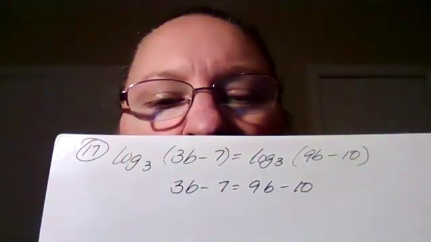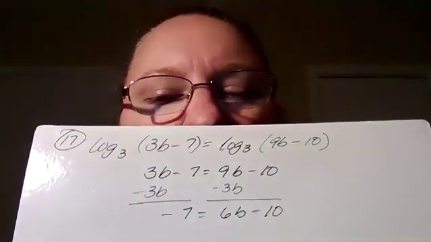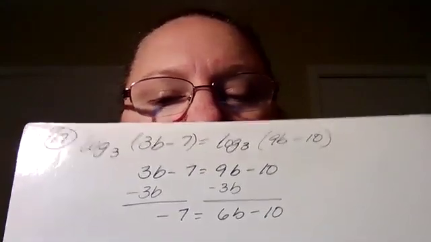Like so. I'm going to take away 3b from both sides. The reason why I always do the smaller numbers is because I don't like to get stuck with negatives. It is not wrong if I do it the other way. But if I take away the smaller number, I always have a positive with the variable. So I have negative 7 is equal to 6b minus 10.